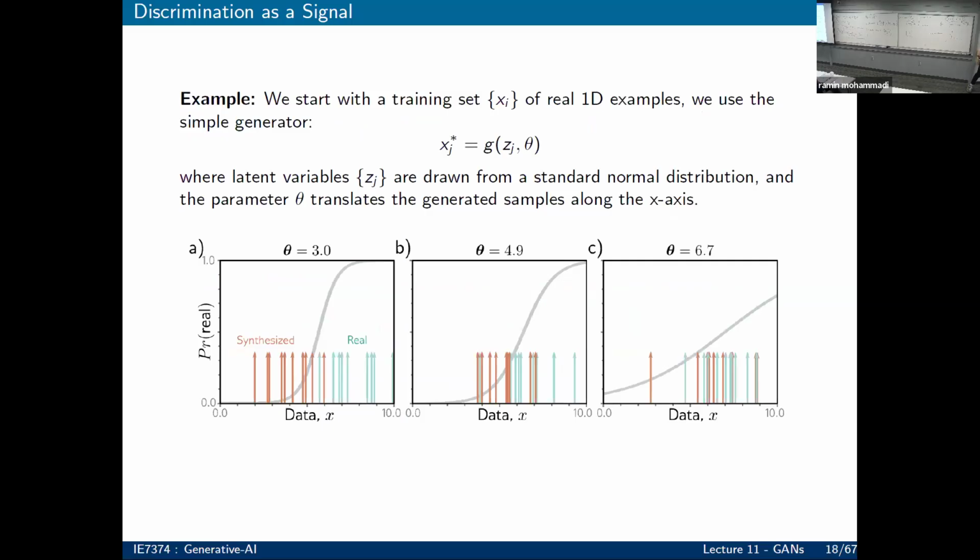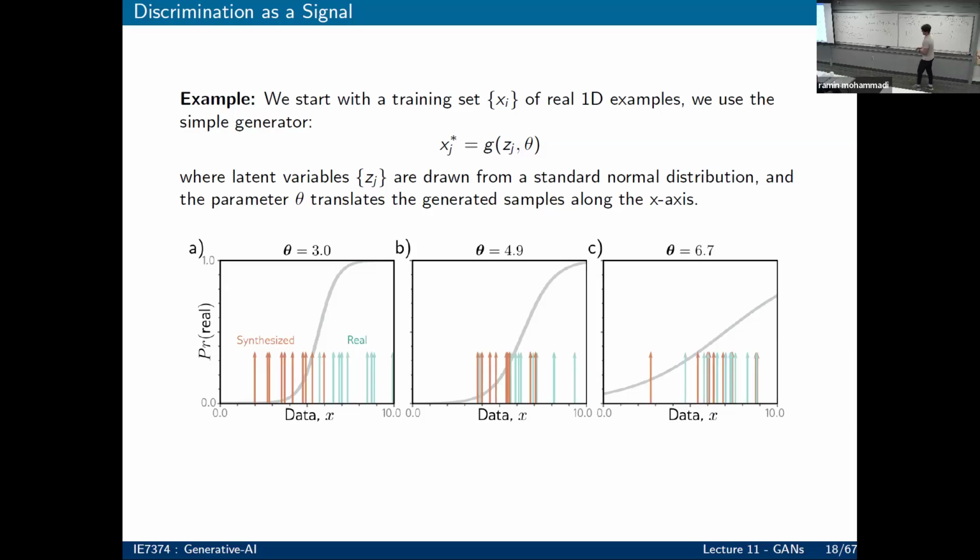Now, let's start with a scenario in 1D. On the left, you have the red arrows, which are the generated images, the synthesized data, and the cyan arrows are the real data. At first, on image A, theta is by default 0.3, so the model is pretty bad.